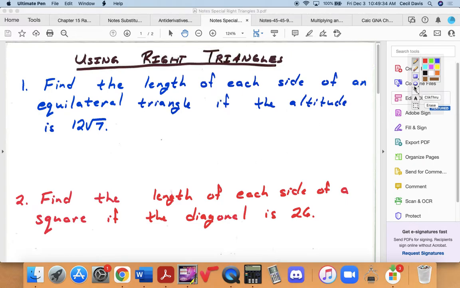So, got an equilateral triangle. And the length of the altitude, or the height, is 12 square roots of 7.